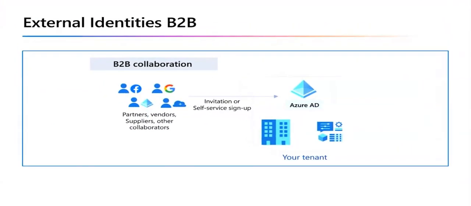In Azure, we have those external identities. And Azure AD external identities refers to all the ways that you can securely interact with users that are outside of your organization. So if you want to collaborate with partners, distributors, suppliers, vendors, well, you can share your resources and define how your internal users can access external organizations.